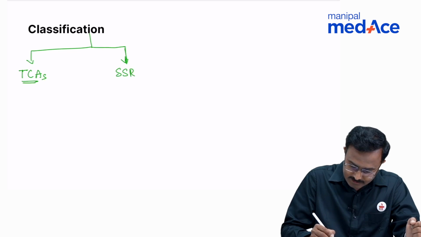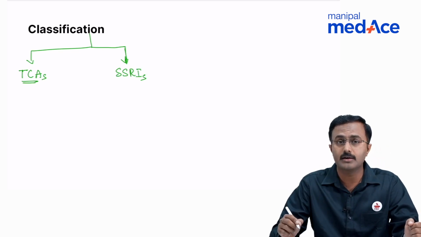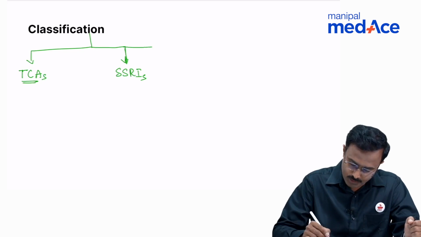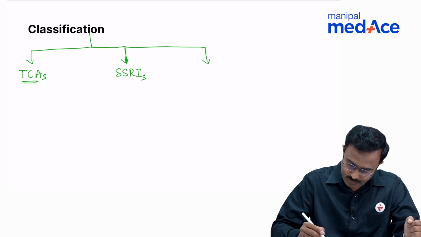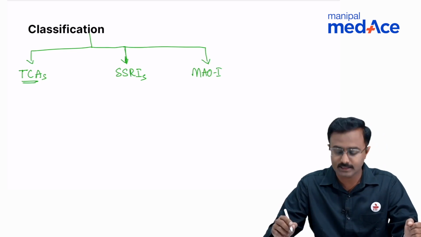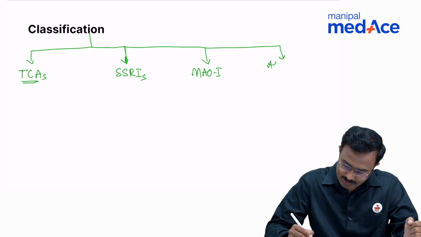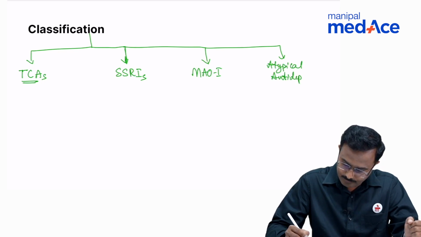Then we have SSRIs, that is selective serotonin reuptake inhibitors. We have MAO inhibitors, that is monoamine oxidase inhibitors. Then we have other atypical antidepressants.